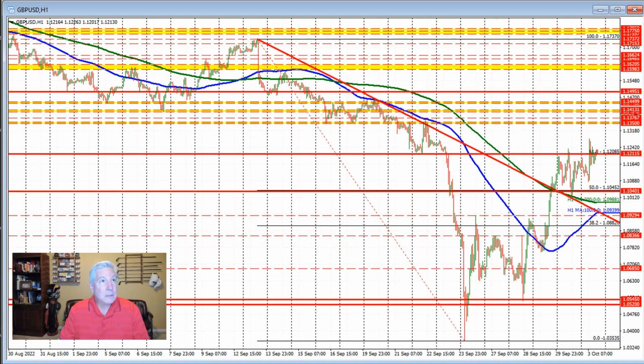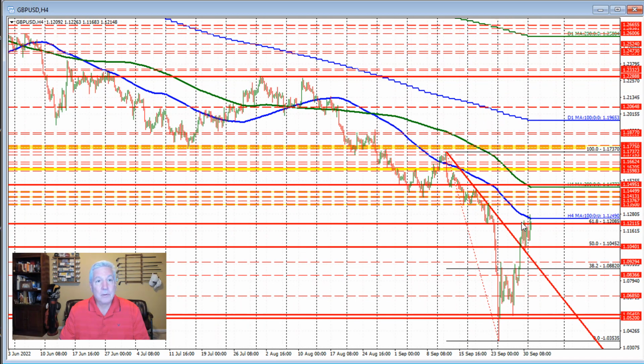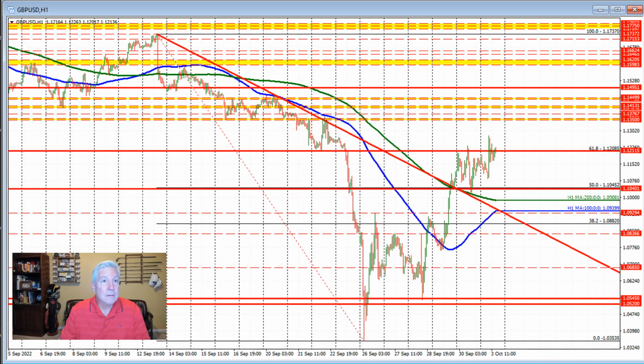If we look at the 4-hour chart here, the price is also testing the 100 bar moving average of the 4-hour chart. That comes in at 1.12490. If we get and stay above that level, that would be somewhat positive. And then we move into this area right through here, where we have a swing low, and then swing highs through here. I'm going to have to put it on the hourly chart to see where those levels come in.